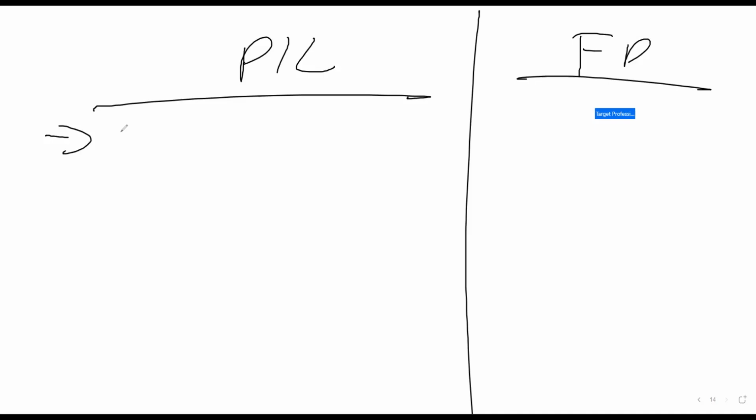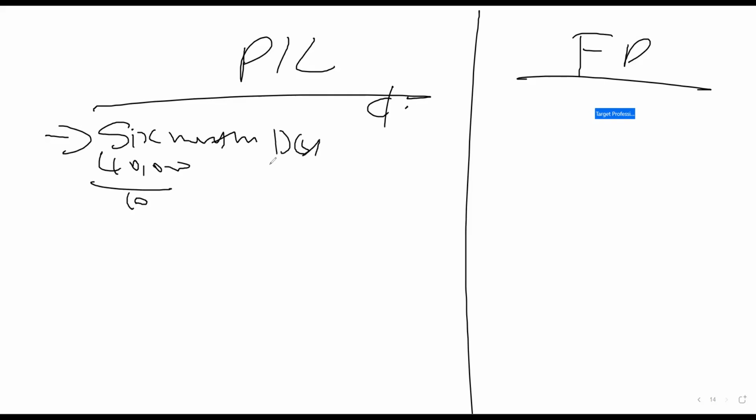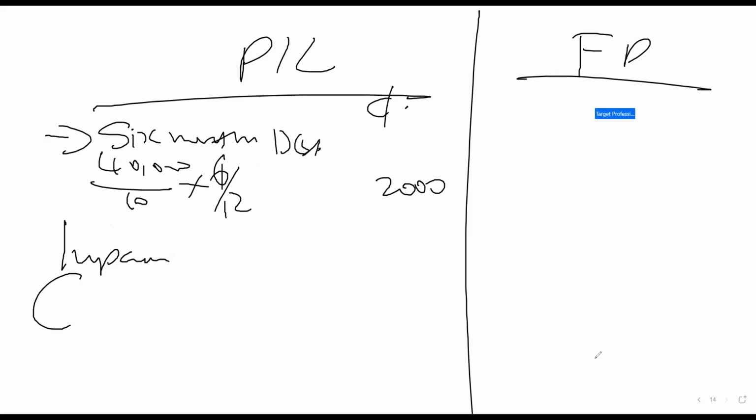P&L number 1. The first 6 months depreciation, true or false? True. That will be 40,000 over 10, times 6/12. You get 2,000. Second, impairment. Please put the two impairment figures together. What are the two impairments?